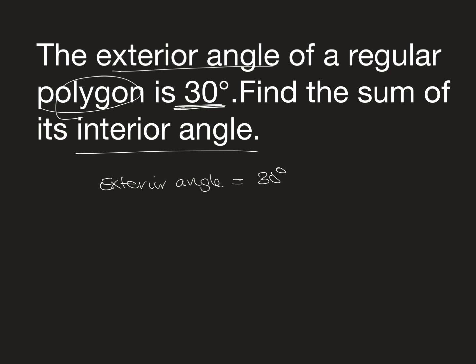So if that is the case, how do we find the number of sides? It can be determined from the formula. Exterior angle is equal to 360 degrees divided by n.